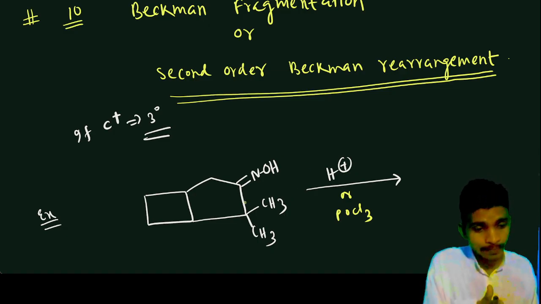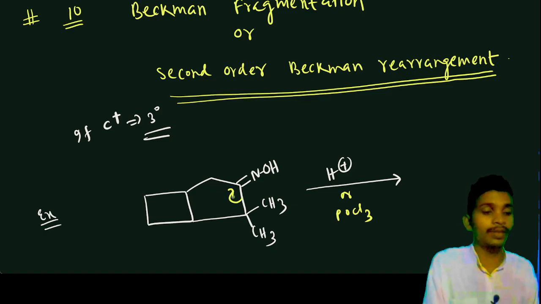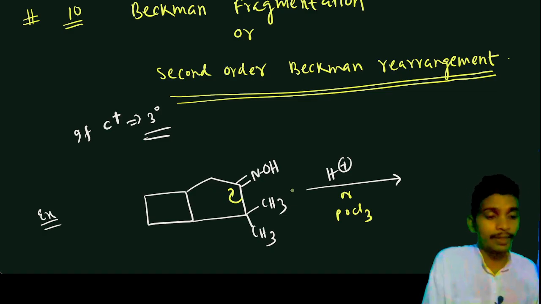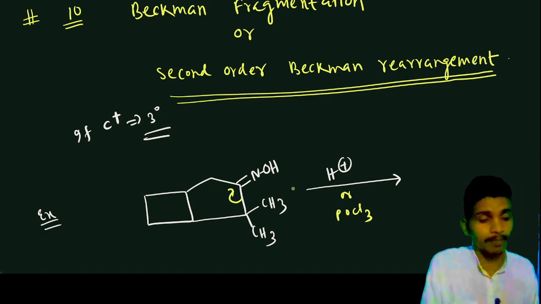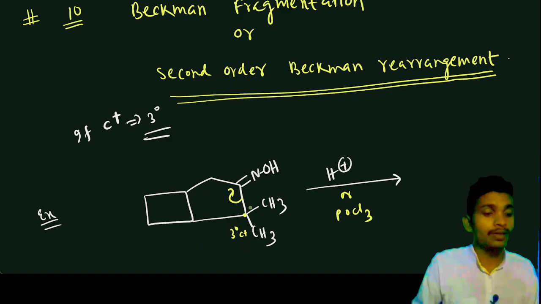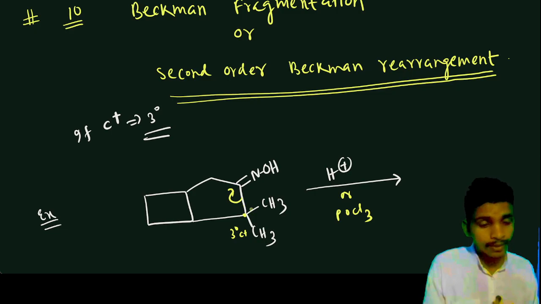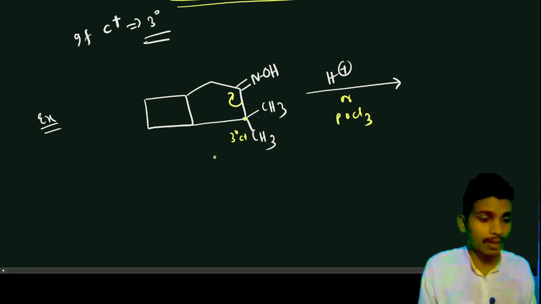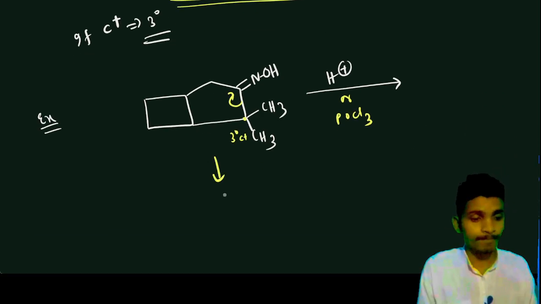But here, if a 3 degree carbon is forming, then it will not go by Beckmann rearrangement, but by Beckmann fragmentation. After it breaks, this is going to be a 3 degree carbon, and since a 3 degree carbon is more stable, it will not do the migratory aptitude. It will remain as it is. So let's see how this reaction happens.